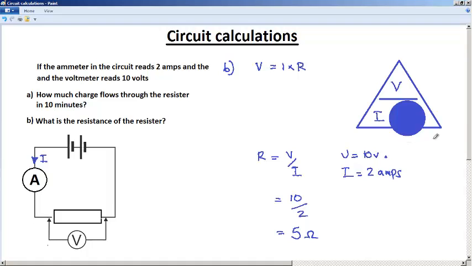Then write out the calculation triangle. And use the calculation triangle to rearrange the expression in the form that you want, with the unknown quantity on the left. Then write out the values, substitute them into the equation, into the expression, and perform the calculation.